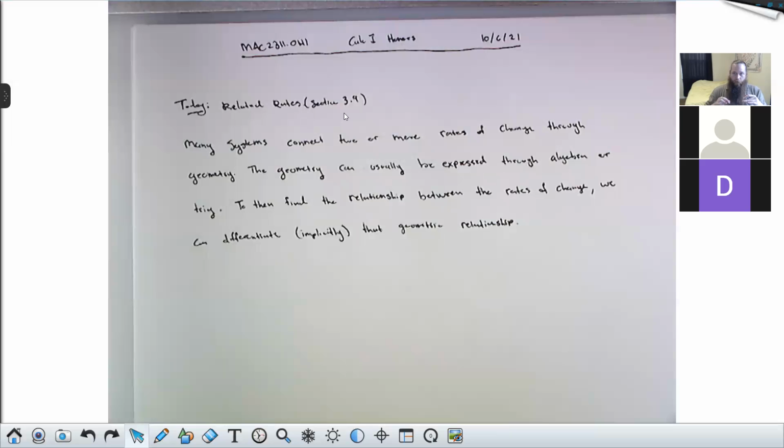That will give you a new equation where you've got some derivative over here, maybe some other algebra stuff, equals some derivative over here with maybe some other algebra stuff. And then you can plug stuff into that final equation with the derivatives and the algebra to find how one derivative changes with the other derivative. I think that's about as clear of a high-level explanation as I can give without looking at a specific example.